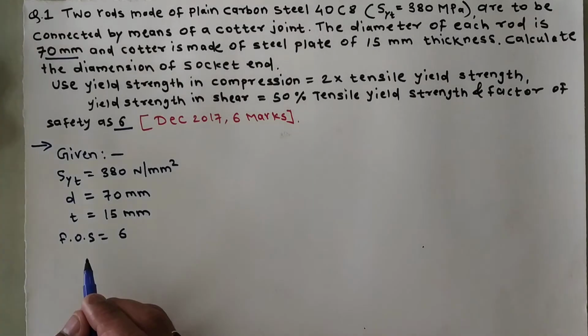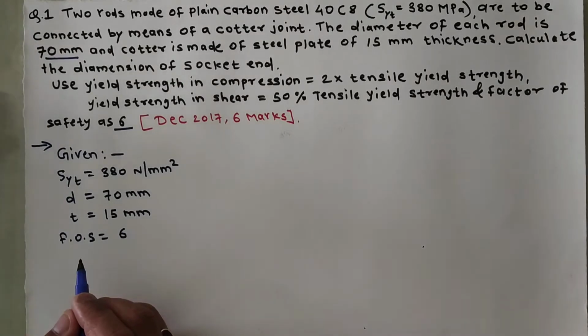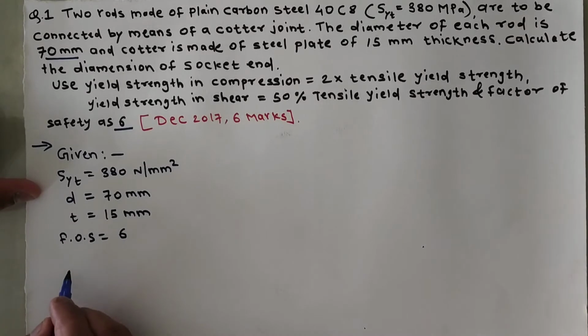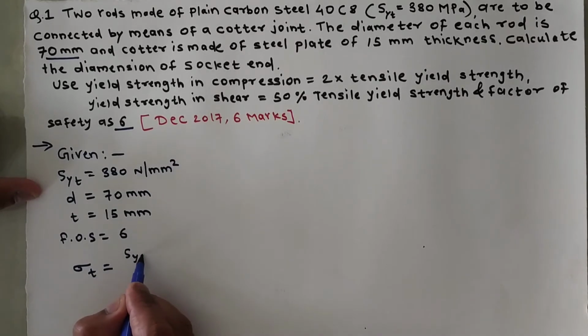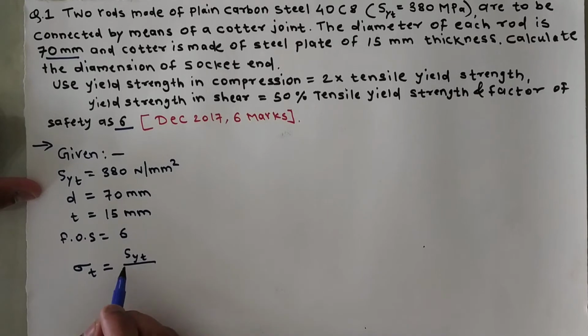Now we have seen some empirical relationships in the previous sessions. So using that, we will find out the tensile stress sigma T as yield tensile strength divided by factor of safety.